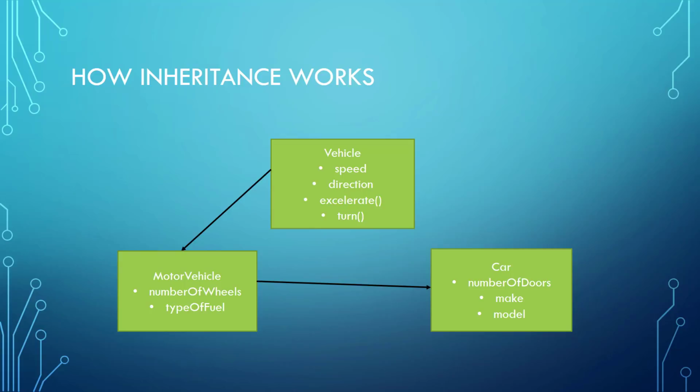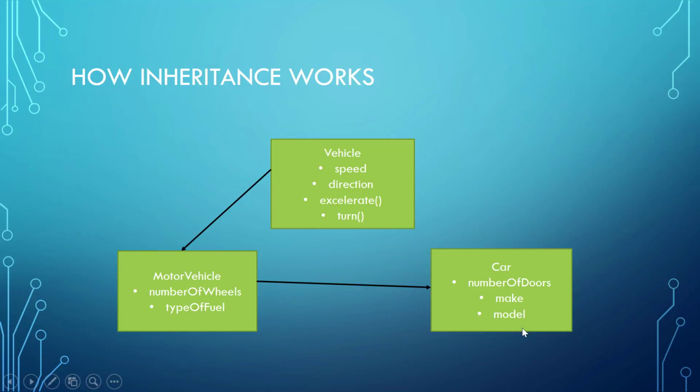How quickly is it moving, and in what direction is it headed? And we may have methods like accelerate, decelerate, where we can play with or modify the speed property through those methods. And we may have something like a turn method that allows us to change the direction on that vehicle.